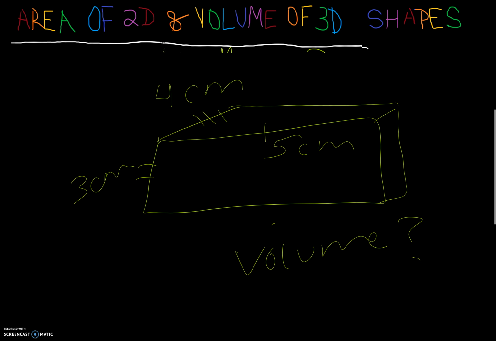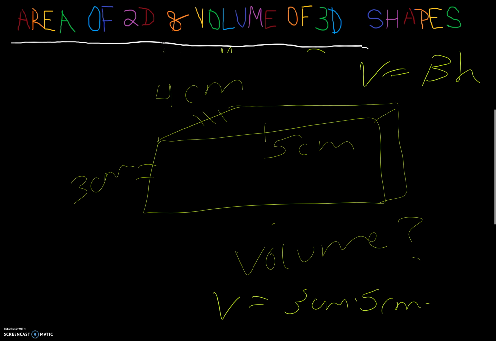Alright, so I want to find volume. So we just said that the area of the base is length times width. So we do 3 centimeters times 5 centimeters. But now we have the height. So let's remember volume is the area of the base times height. So our height, or depth in this case, they tell us is 4. They might tell you on like a word problem.